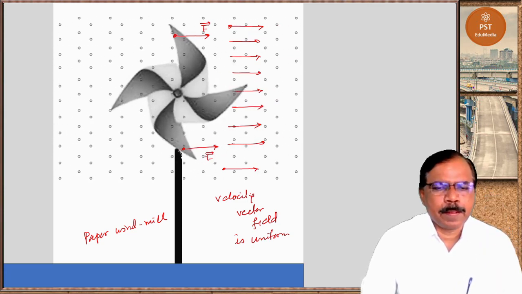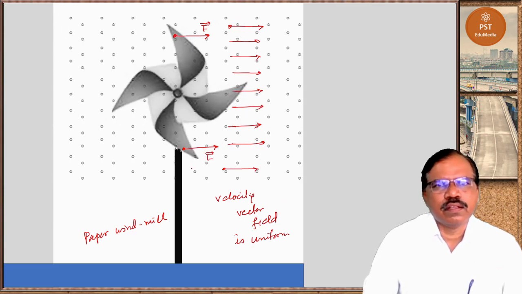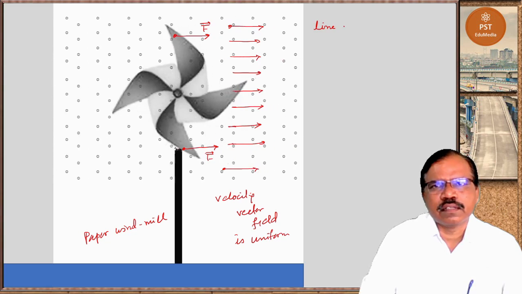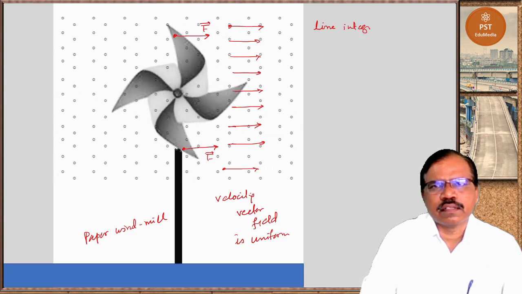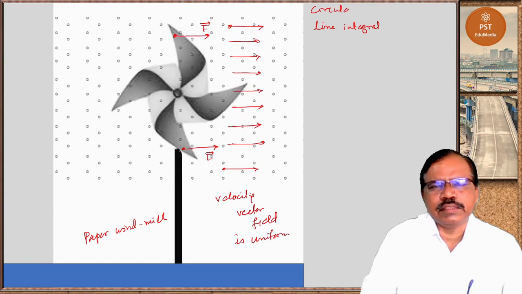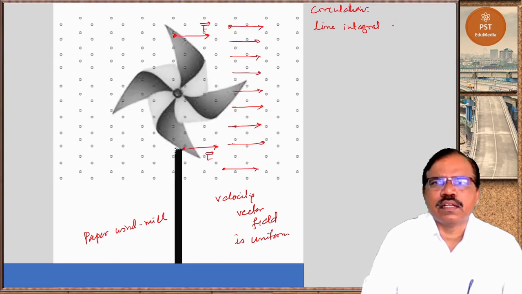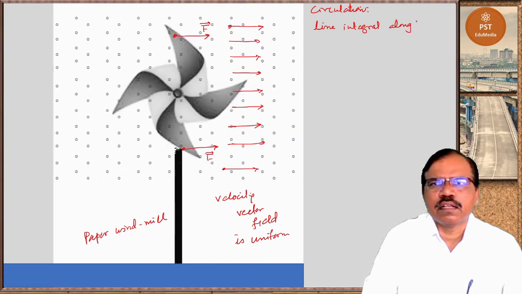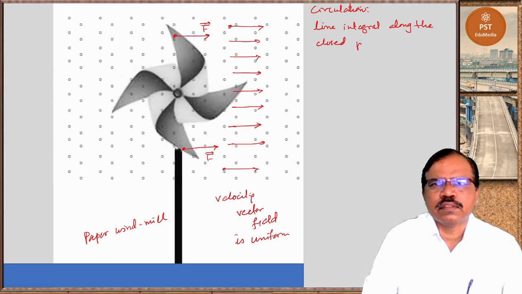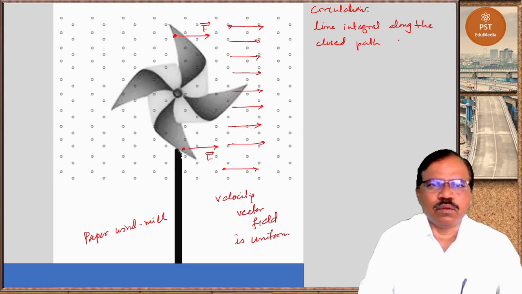Now here we consider circulation. Circulation means line integral of a vector field along a closed path.